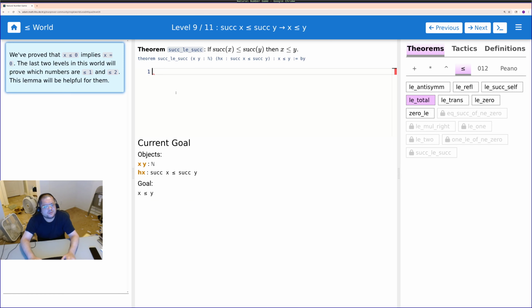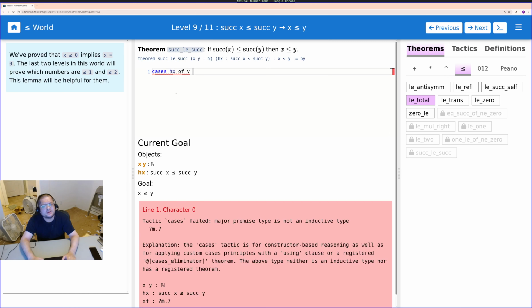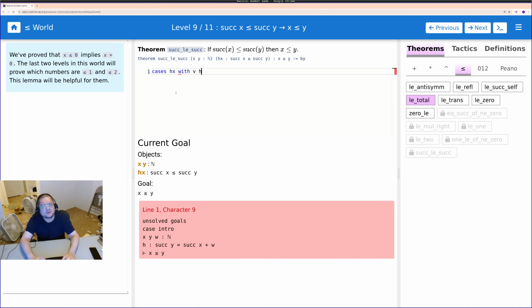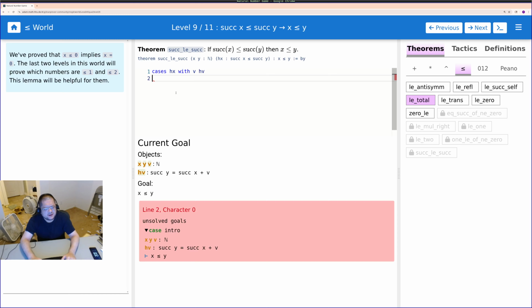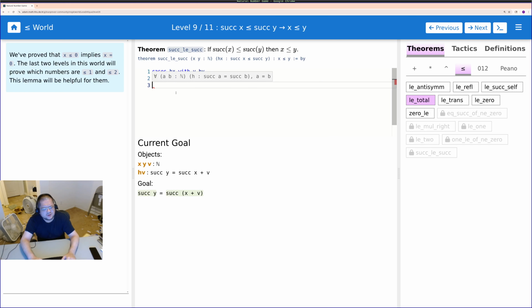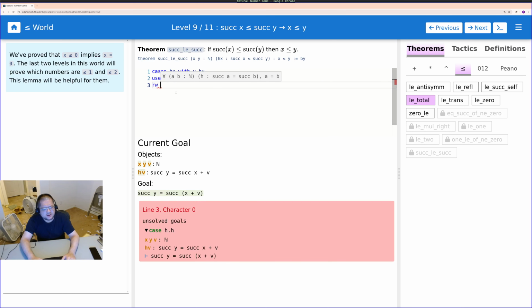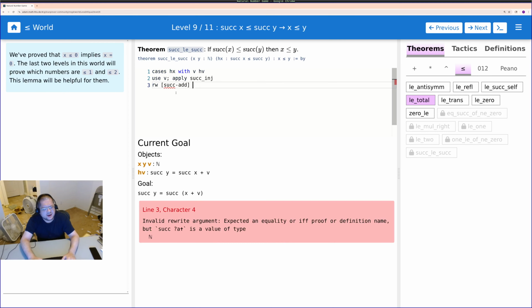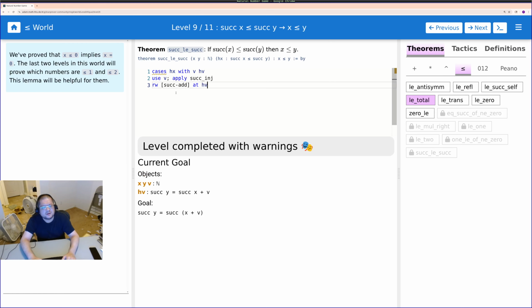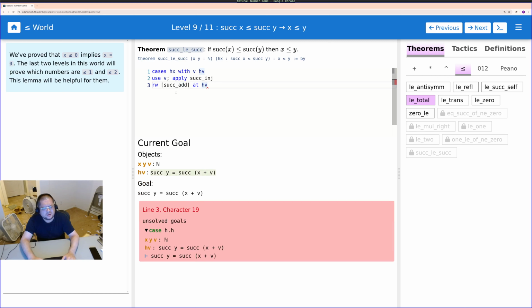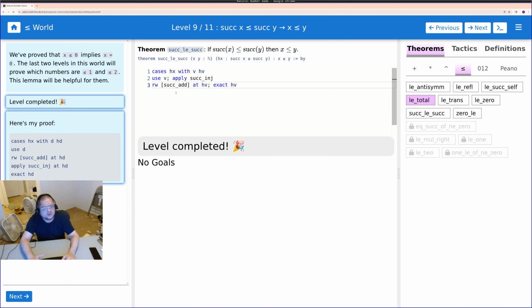Right, let's just break this up. Okay, and now we're going to just use v. Apply successor. Rewrite the successor add at hv. Okay.